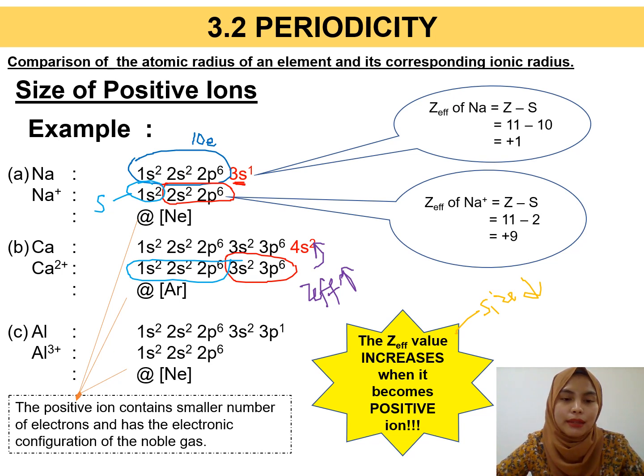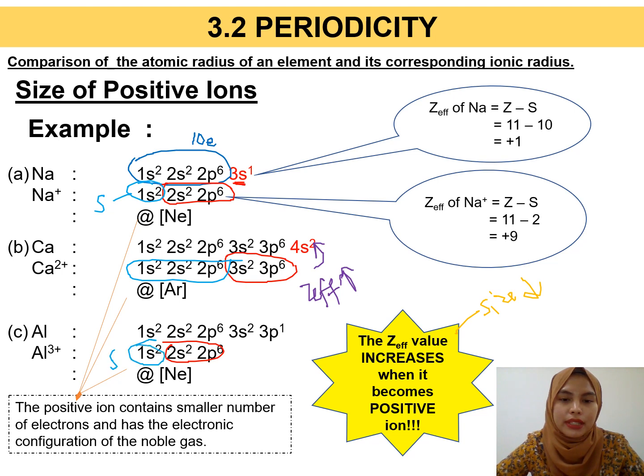Okay, same goes for aluminium. Aluminium is near the transition metals. Again, if it's a metal, it likes to remove electrons. It is happy to remove electrons. So when it removes 3 electrons, it becomes Al3 plus. So the electronic configuration will be 1s2 2s2 2p6. So now this will be its valence electron and this will be its inner electron.